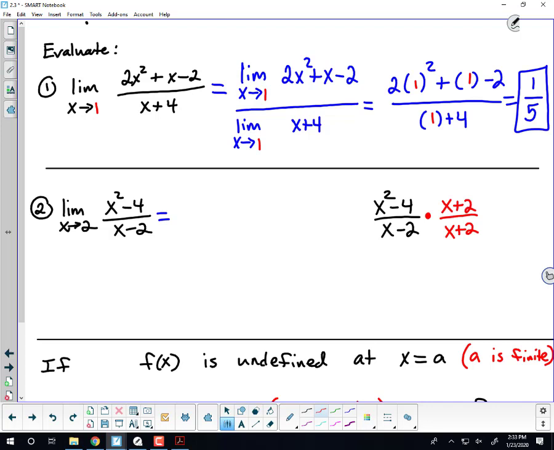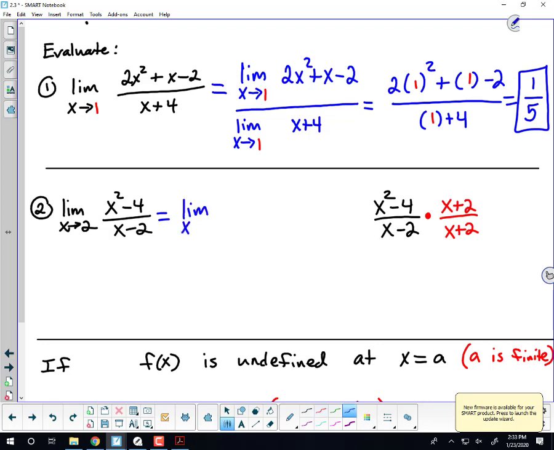You can tell, or I guess x squared minus 4 is really x plus 2 times x minus 2. Then you can cancel out the x minus 2's, in the denominator and numerator, exactly. In these instances where initially it appears we're dividing through by 0, a lot of times we just need to try to simplify the function to see if that problem goes away. So we're going to factor the numerator. It's a difference of squares.